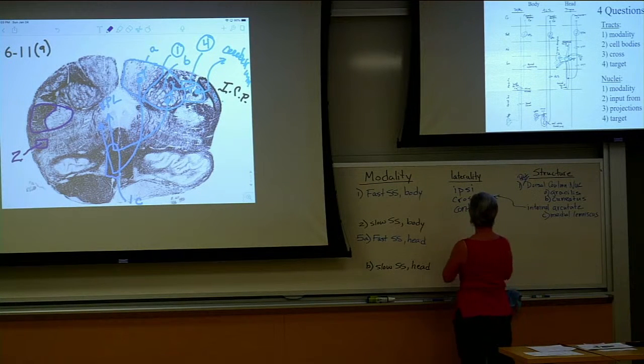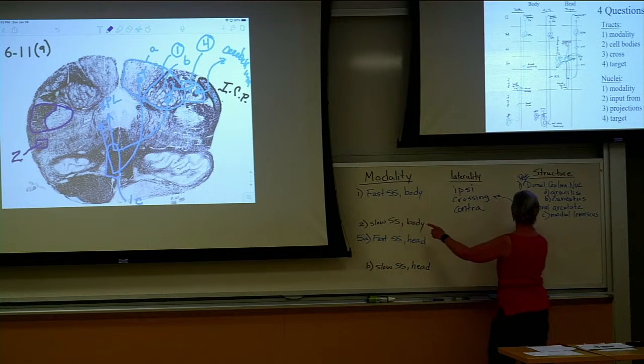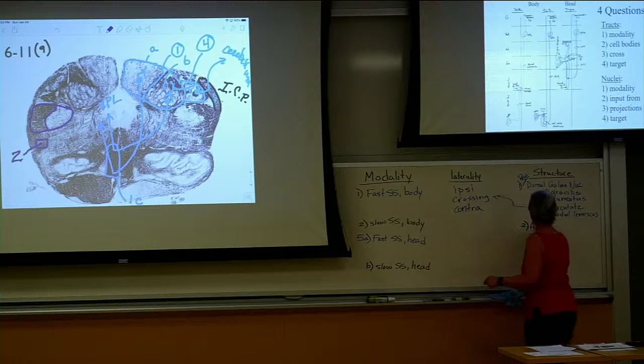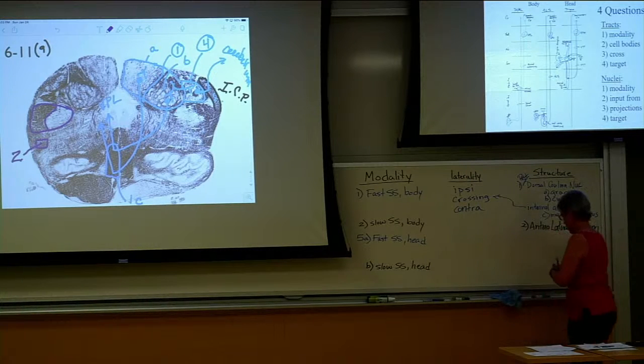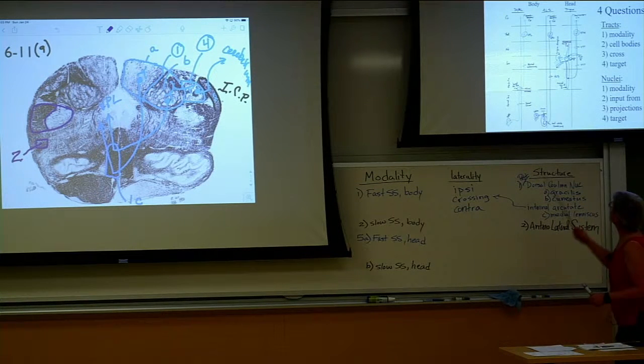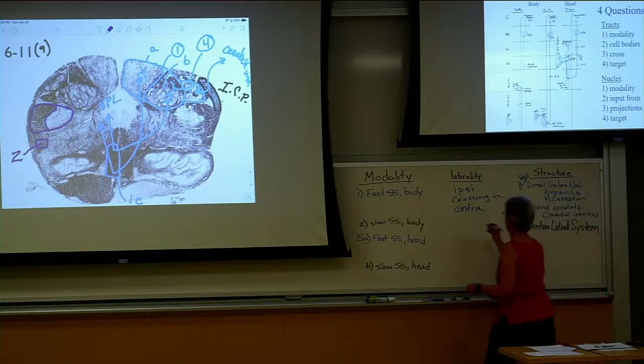Slow somatosensory information from the body is running in the anterolateral system. And is this information originating in the ipsilateral body or the contralateral body? Pause if you need to. It is coming from the contralateral side of the body.